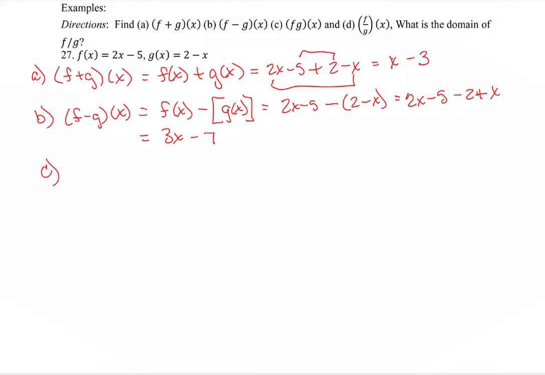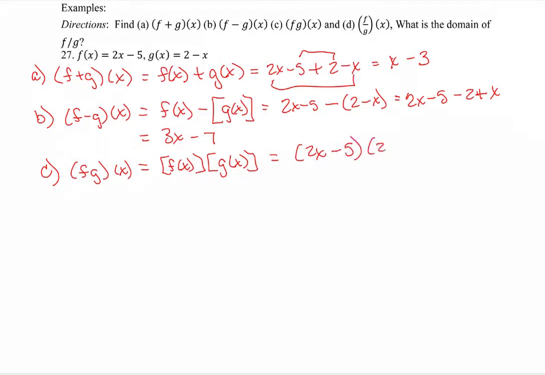Part C. We have fg of x. Well, this means f of x times g of x. So that means 2x minus 5 times 2 minus x, which is, now I'm going to use distributive property.